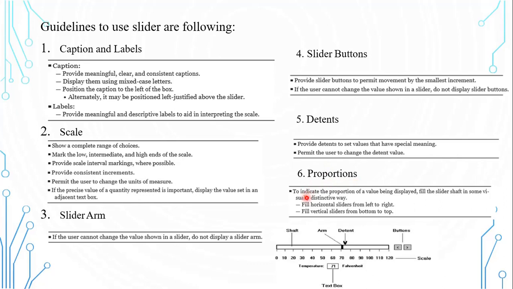Proportions. To indicate the proportion of a value being displayed, fill the slider shaft in some visually distinctive way. Fill the horizontal sliders from left to right. So almost we always use the left to right method for filling the sliders. Fill the vertical sliders from bottom to top.